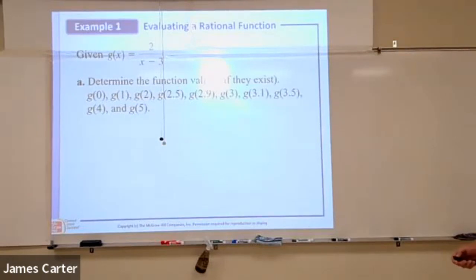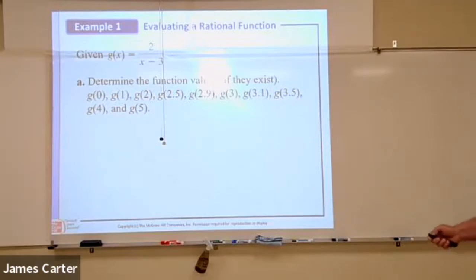Okay, in this case, determine the function values if they exist. Now we got a real number up there, so it's a non-entity. But we're going to look at this expression x minus 3. If we substitute x with 0, then we get a real number. We're good. If we set it equal to 1, we still get a number.